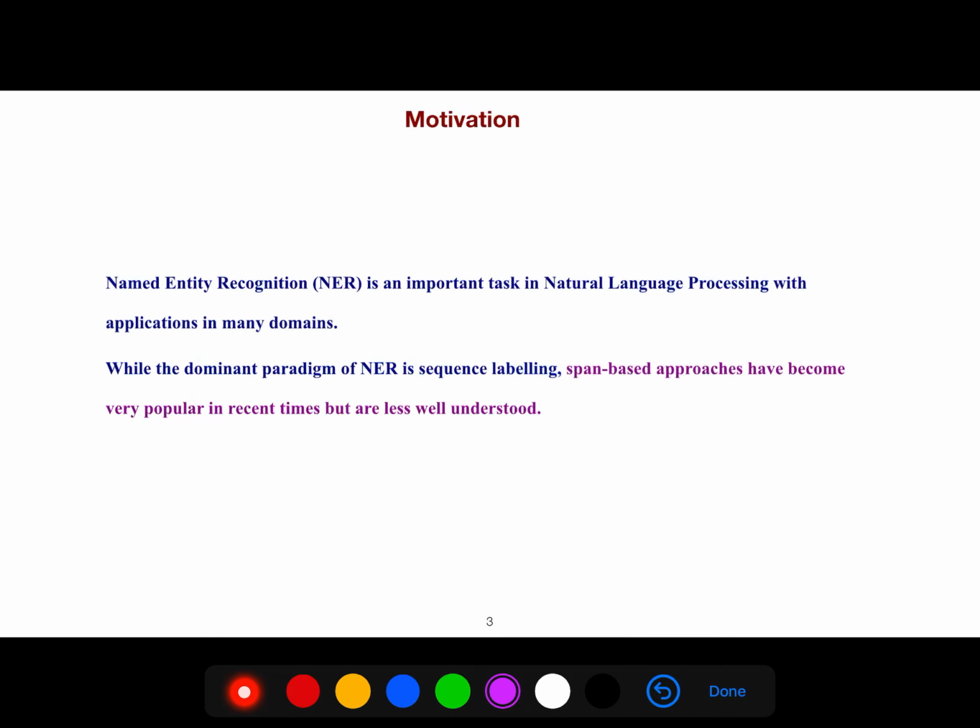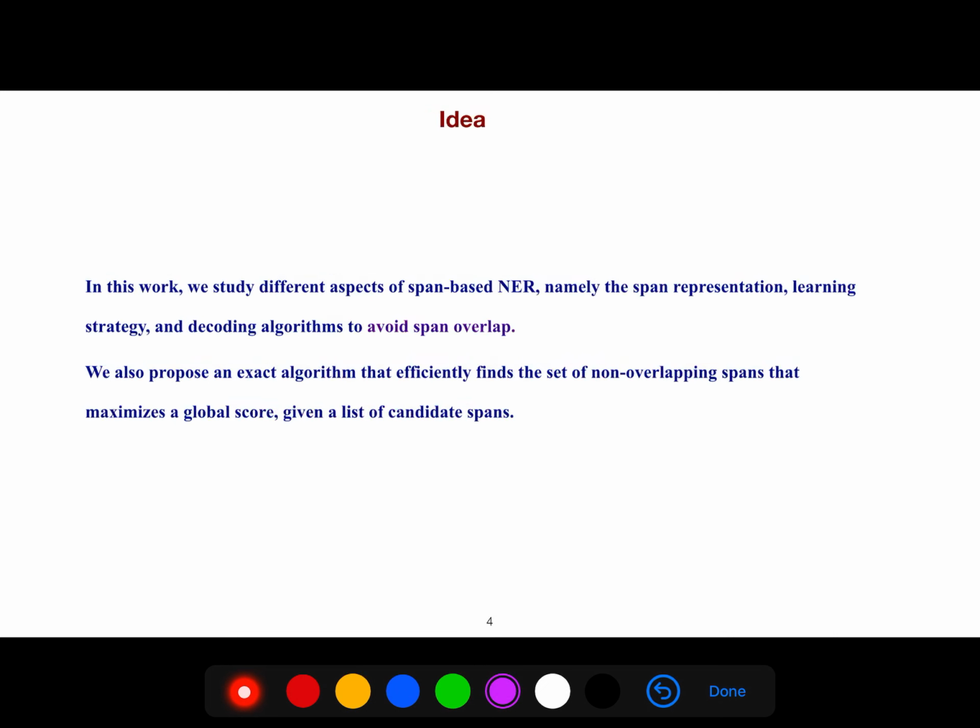NER is an important task in natural language processing with applications in many domains, such as the domain of biomedical text that I'm interested in. While the dominant paradigm of NER is sequence labeling, span-based approaches have become very popular in recent times, but are very less well understood.